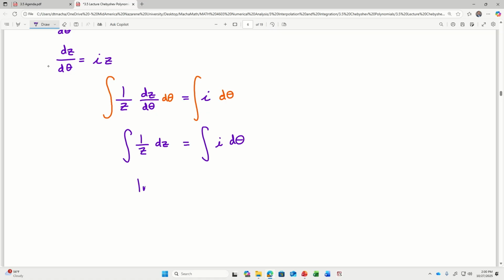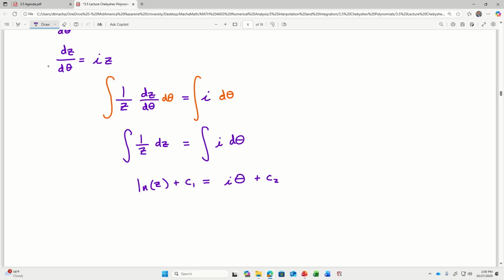The natural log of z plus a constant. What's the antiderivative of I with respect to theta? I theta plus a constant.